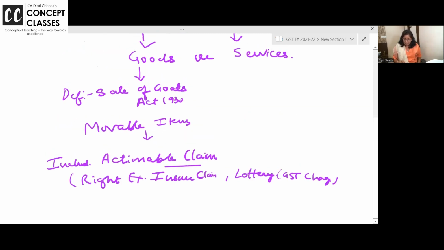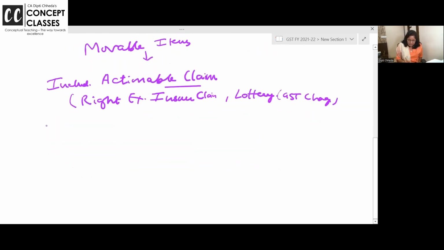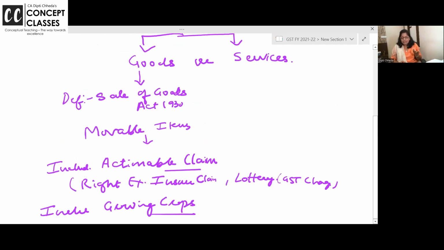Left hand side we are writing. And this also includes growing crops. Then you will say, ma'am, agricultural पे तो किसी को tax ही नहीं है ना. Income tax also we are charging indirectly. Step method, add agriculture, non-agriculture, pay tax and so on. Then why are growing crops included in the goods?